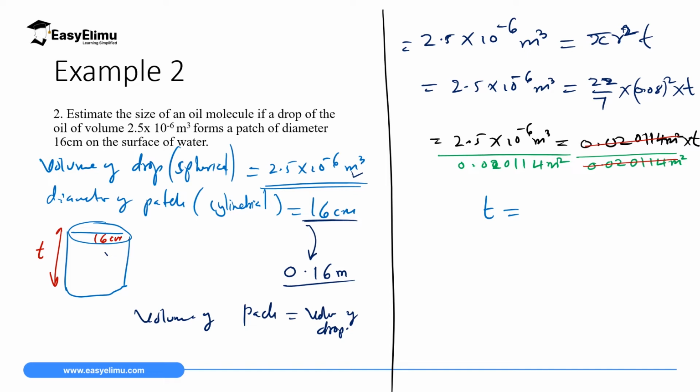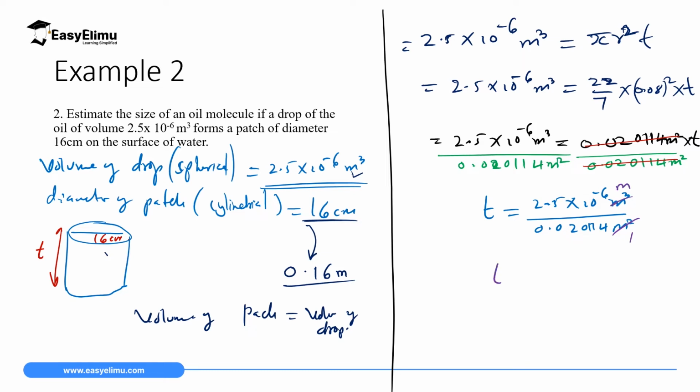T is equal to 2.5 times 10 raised to power -6 cubic meter divided by 0.02014 square meter. This is the area of the patch. Then the square meter will go to 1, and on the upper part we will remain with a meter.